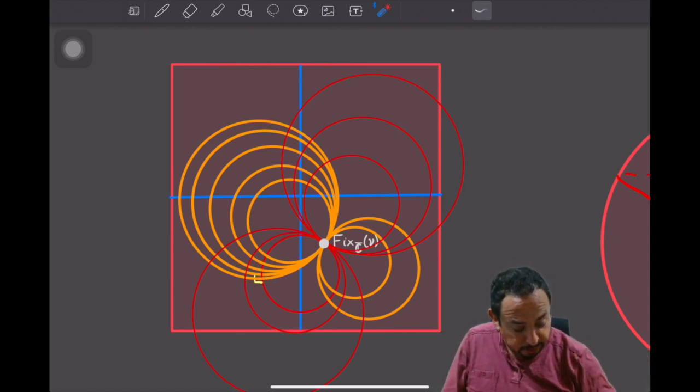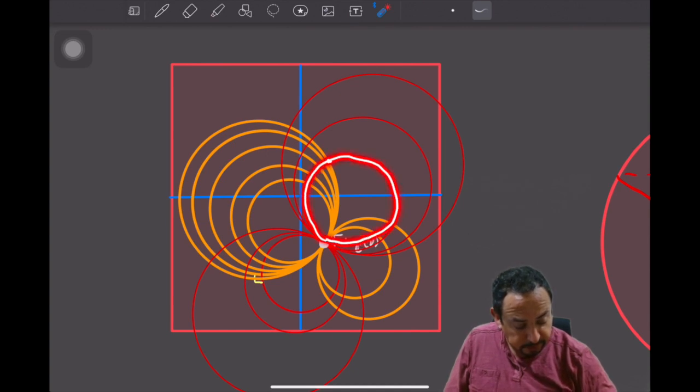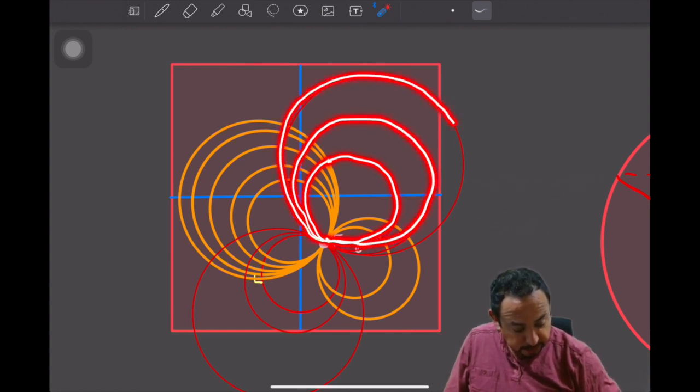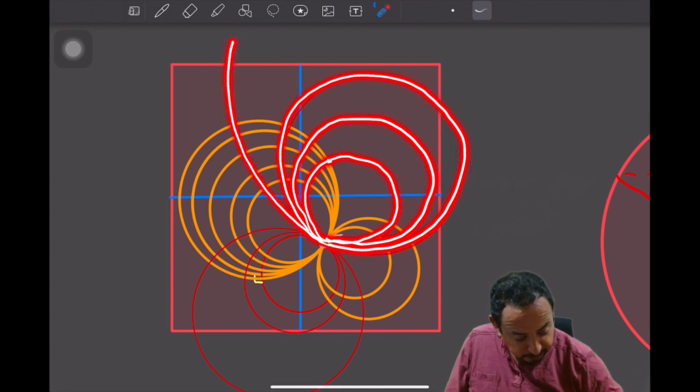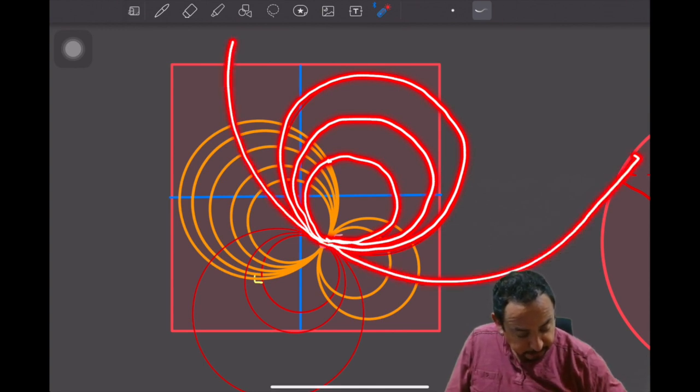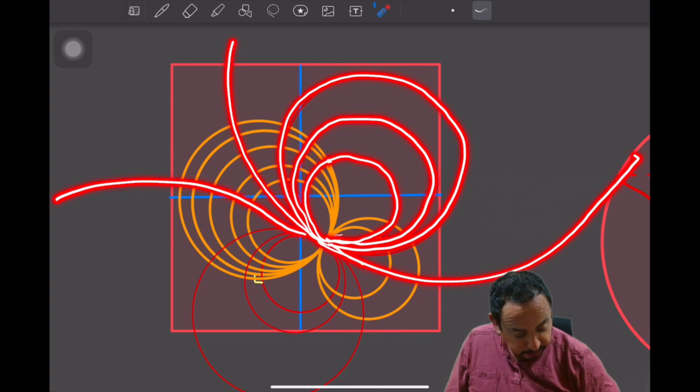And on the other hand, you see here, this point was not only on that orange circle, but was also in this red circle. And the image of this red circle would be like this circle, and then the image of this new circle would be this, and then the image of this new circle would be some circle like this, and so on. Right?